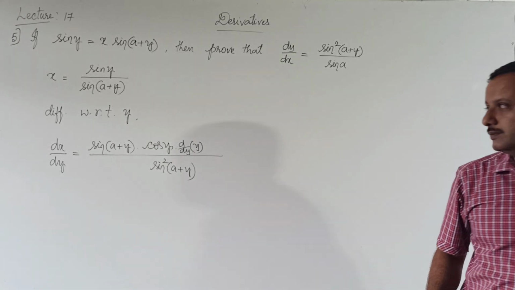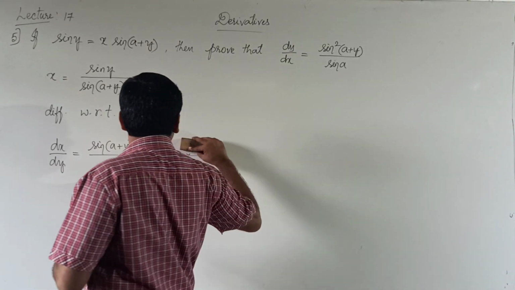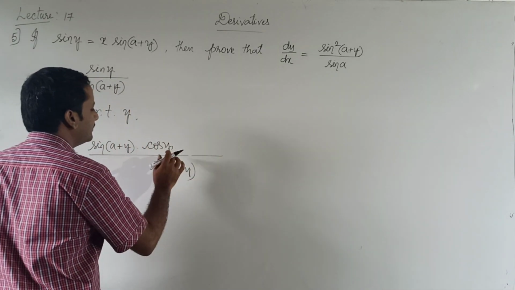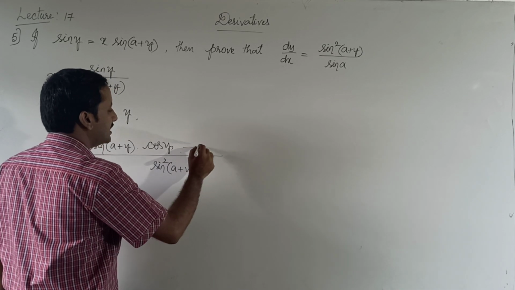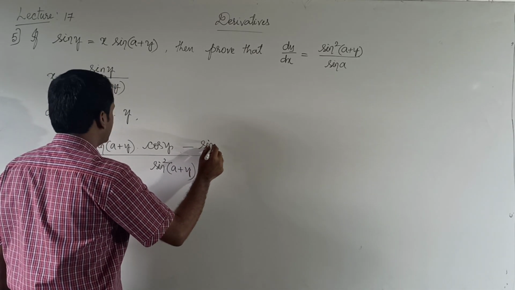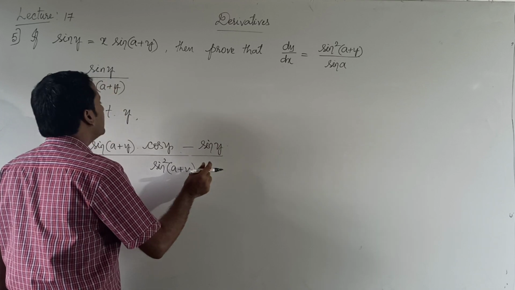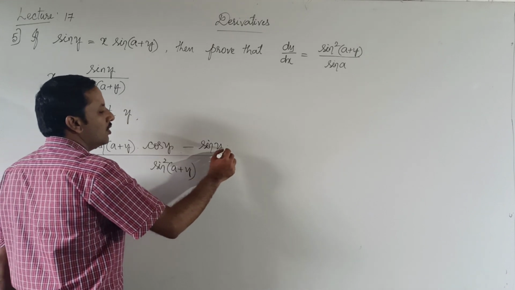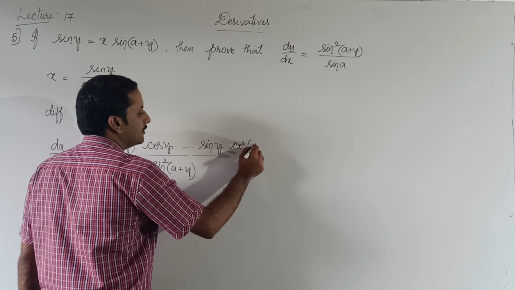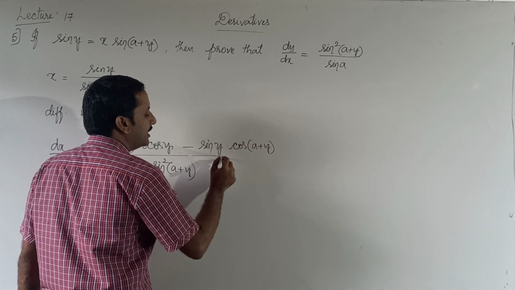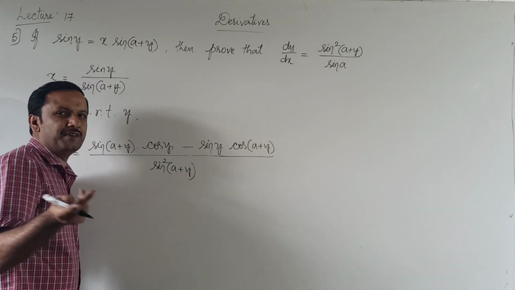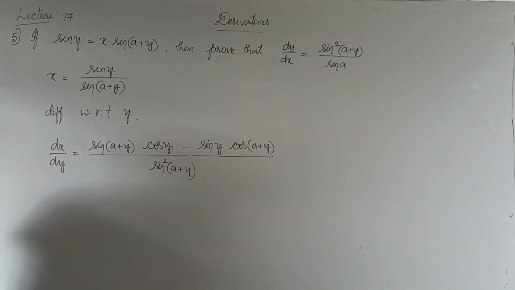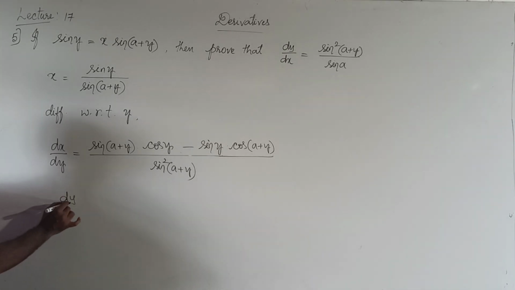Okay? So this step is not necessary actually. Minus sin y into the derivative of sin a plus y. Derivative of sin a plus y is cos a plus y into the derivative of a plus y, which is 1. Derivative of a is 0, derivative of y is 1, as we are differentiating with respect to y.